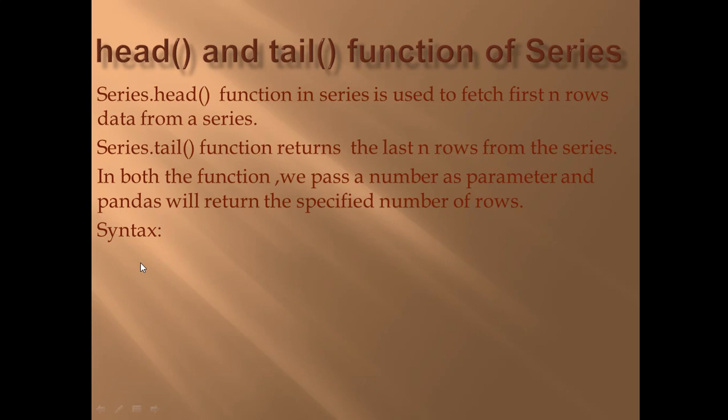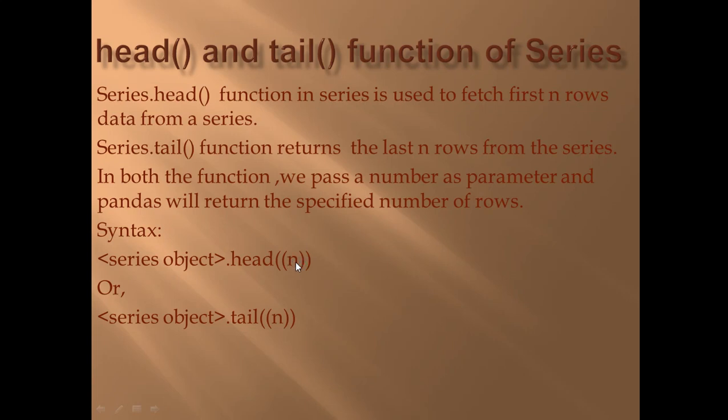So what is the syntax for using the head and tail functions? The syntax for head is: first of all you write the series object name, then a dot, afterwards head in small letters, then inside the argument of head you specify the value of n.